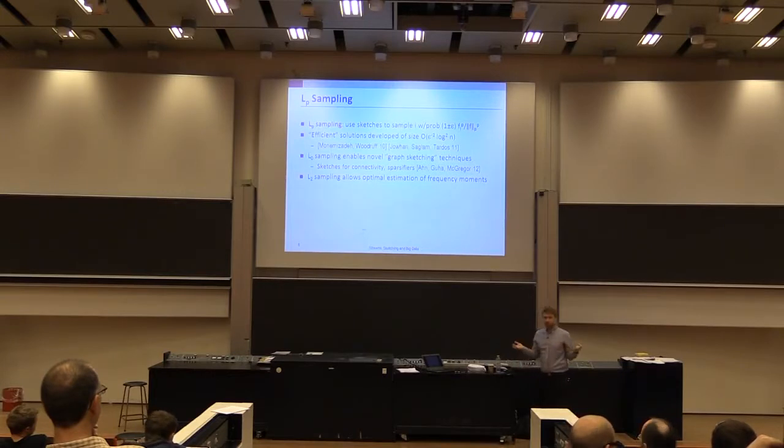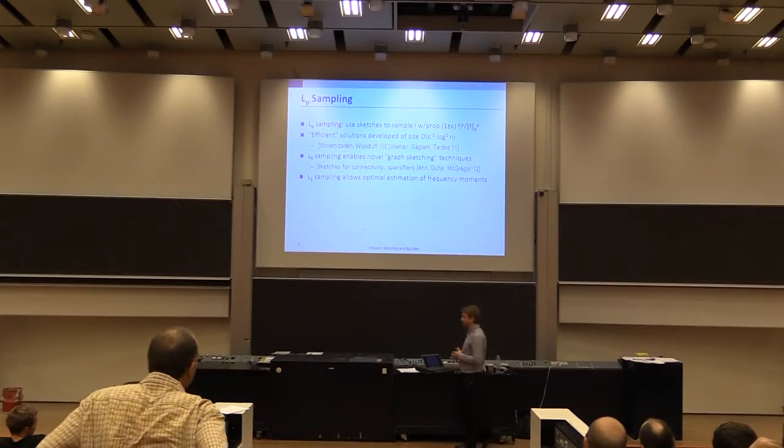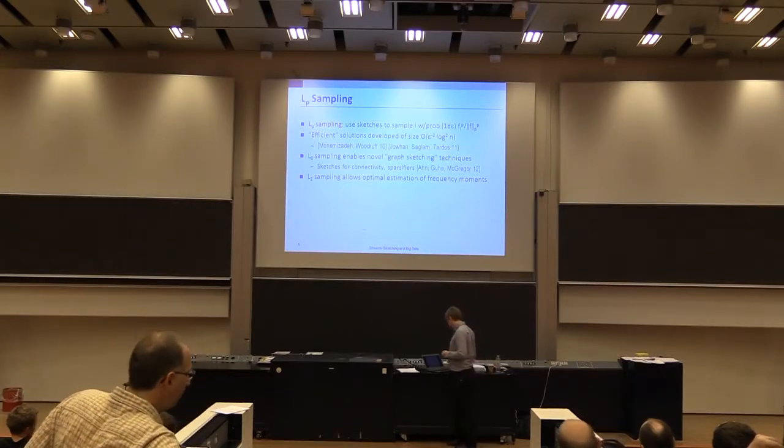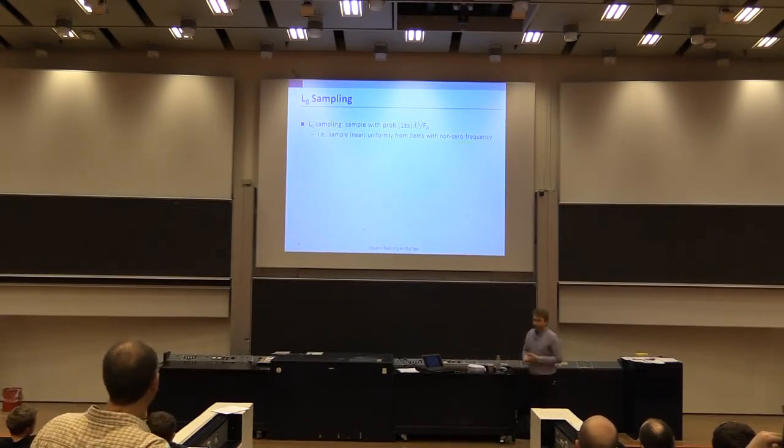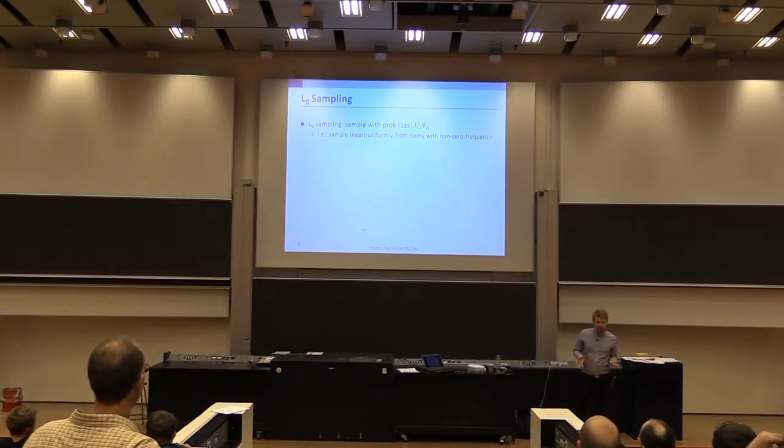So moving from this, so far we've been looking at the setting where everything we see we can think of just as a vector. I'm going to show some application where we can now start thinking about something more complicated in the form of a graph. Okay. So the technique I'm going to focus on is this idea of L0 sampling.